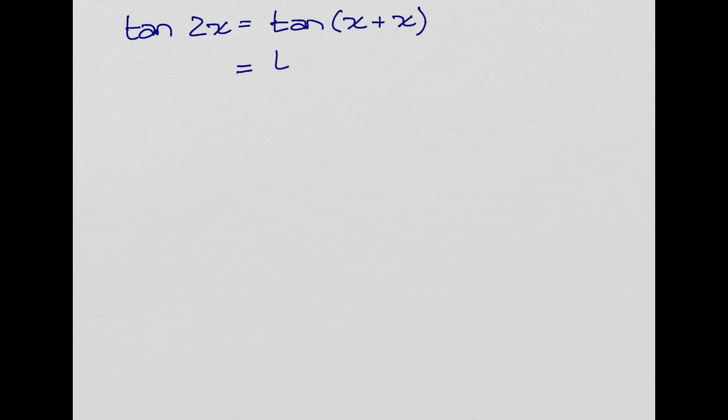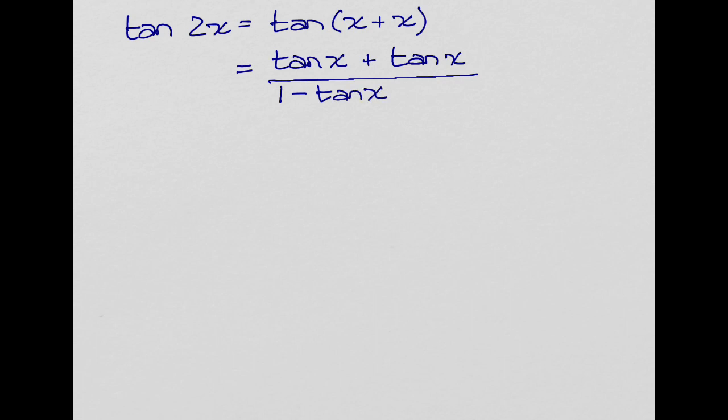For the tangent, we'll do the same thing. 2x is still x plus x. So I'm going to have tangent of a double angle, tangent of the first, plus tangent of the second, over 1 minus tangent of the first times tangent of the second.